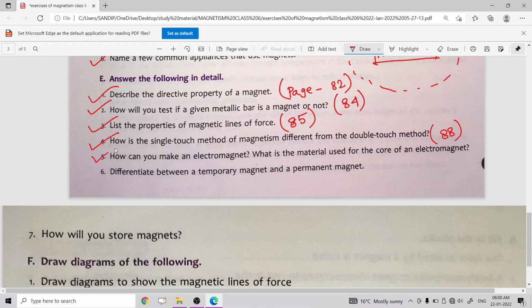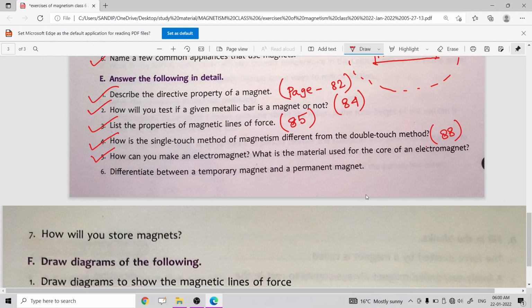And question number 5, how can you make an electromagnet? Simply, you have to write an activity. You take a soft iron core, insulated copper coil, a cell, and a key.